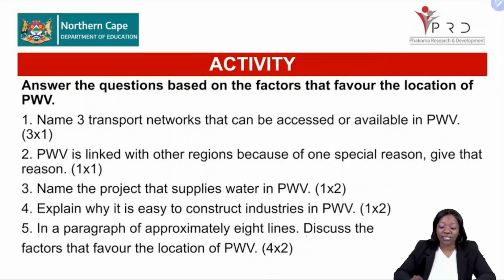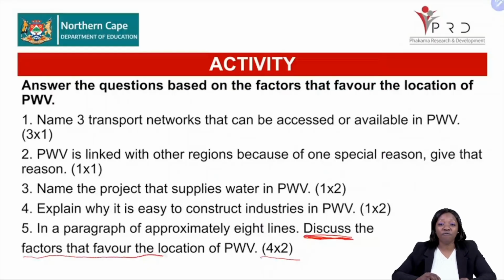Then number 5, in a paragraph question, you discuss the factors. I will always emphasize this because I want you to stay away from using 2-3 words. You are supposed to discuss further the factors that favor the location of PWV. 4 times 2, we need 4 responses that will give you 8 marks.